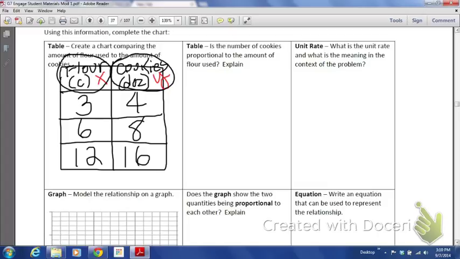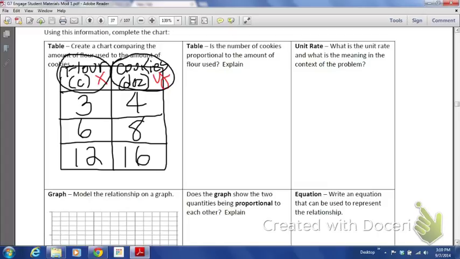Now you might have chosen to use single cookies, therefore this 4 I have here, 4 dozen, would be 48. You may have chosen to do that, which may have made it a little bit neater than mine. But let's take a look.